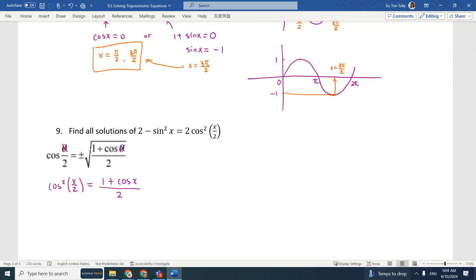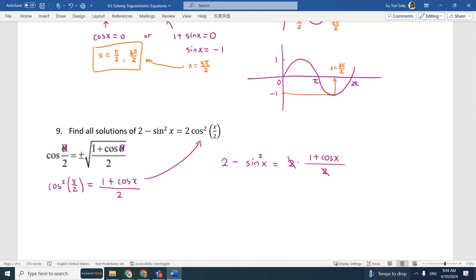Okay, we're ready to plug in. Therefore, we have the left-hand side, 2 minus sine squared. The right-hand side, 2 times the cosine square, is 1 plus cosine x over 2. Is that okay, everybody? Do you see the 2 cancel?